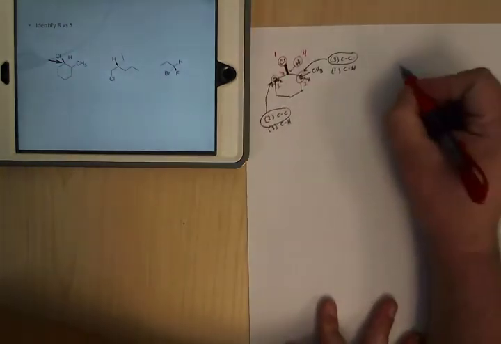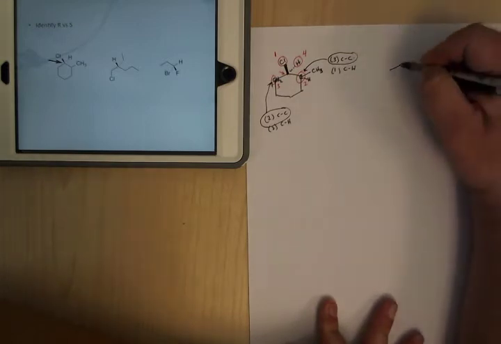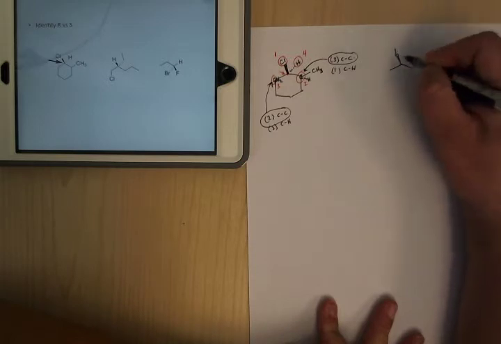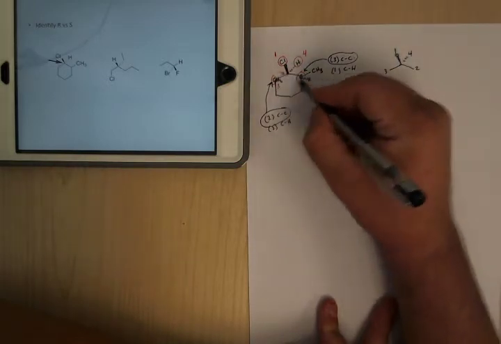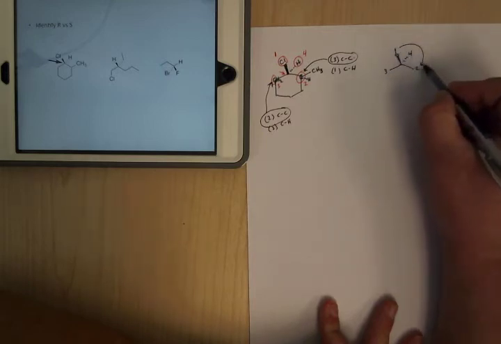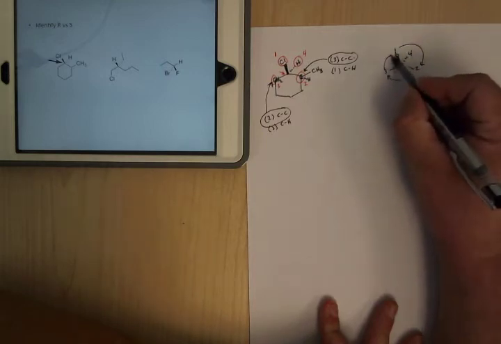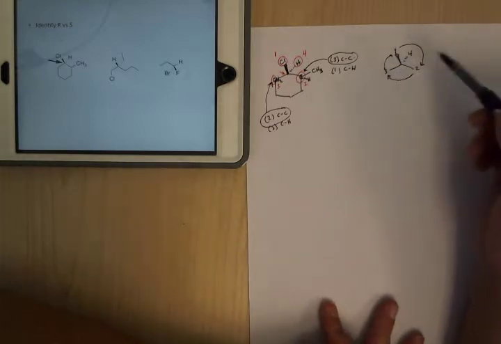Okay, if you were going to redraw this with just the numbers, to avoid all the writing, it's going to go that way, like that. If you're going to do the steering wheel method, the 4 has to be behind, so that's where it is.